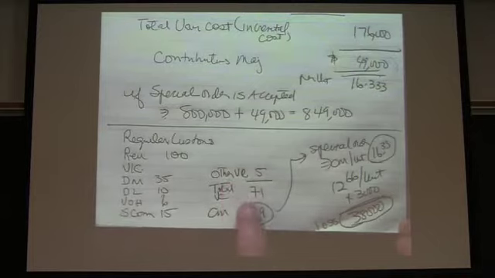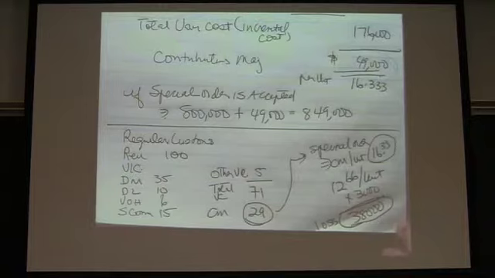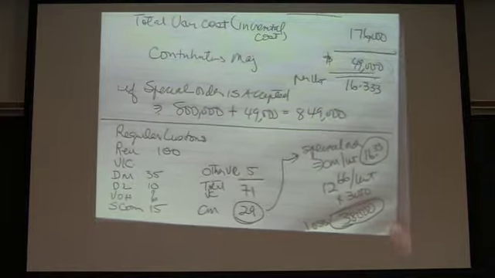This is how much we're going to give up from our regular customer versus how much we're gaining from the special order. We need to account for that, called an opportunity loss. So in this case, we would not accept it because clearly it's going to create a loss.